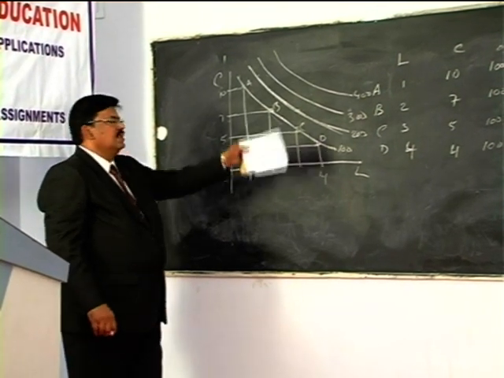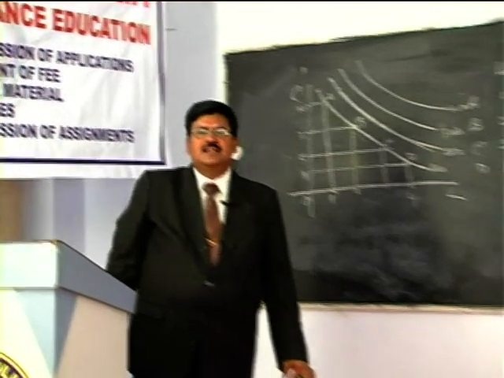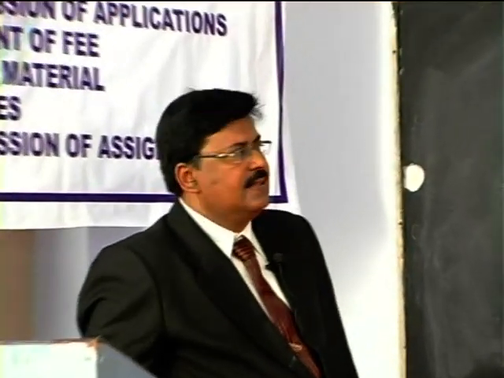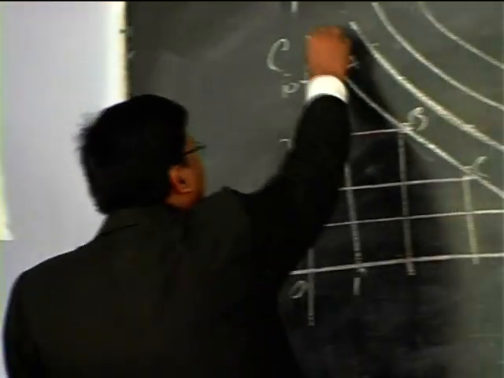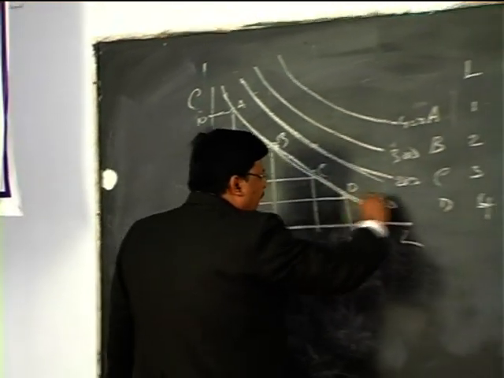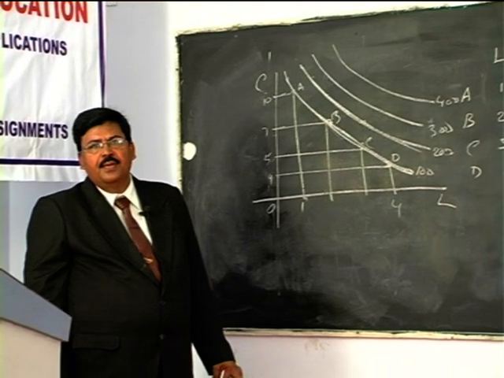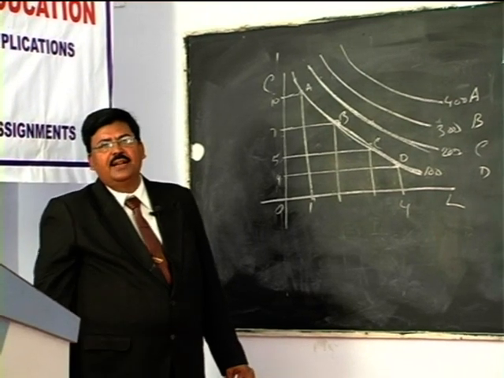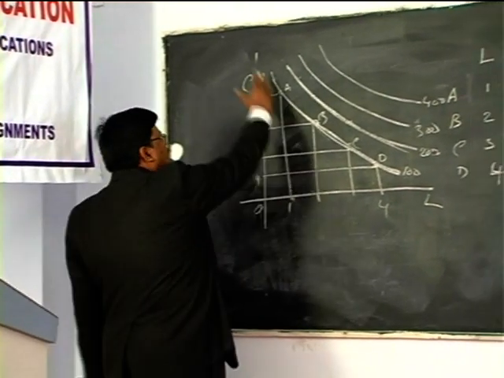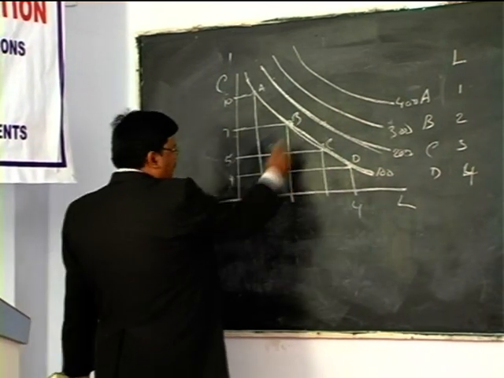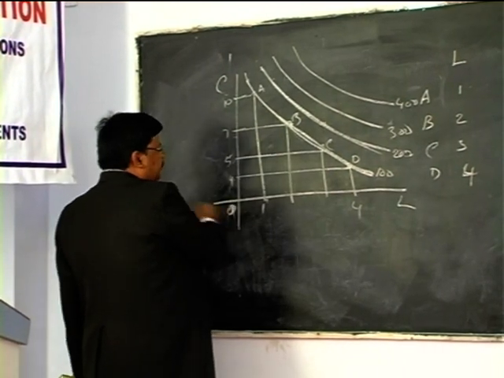Now, what are the features or characteristics of isoquants? There are 4 important characteristics. One is that the isoquant slopes downwards from left to right, negatively sloped. It is relatively steep at the top and flat at the bottom, and it has a bend towards the origin.